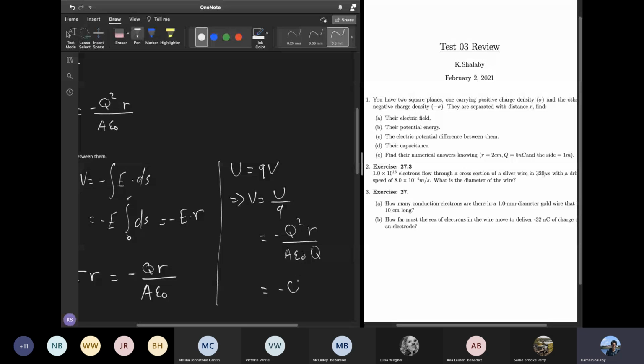That's negative QR over A epsilon naught.